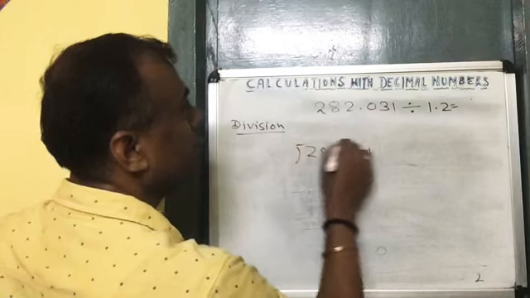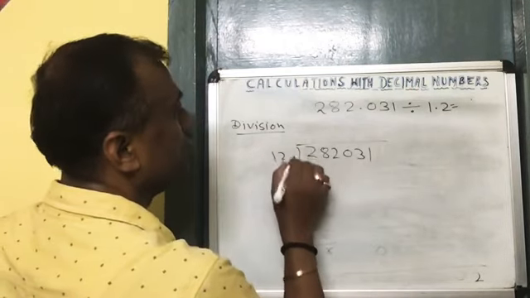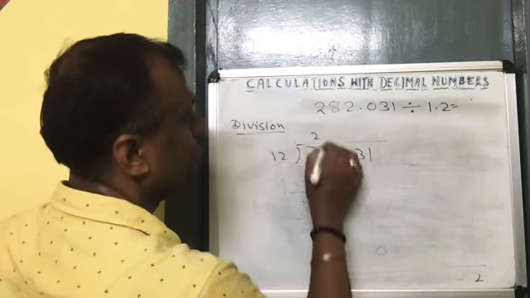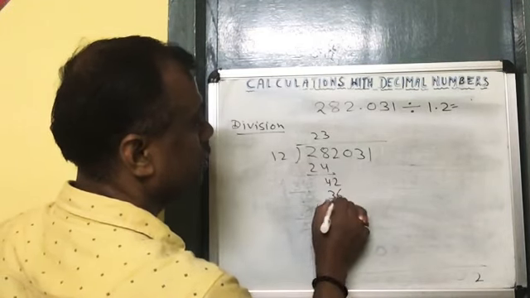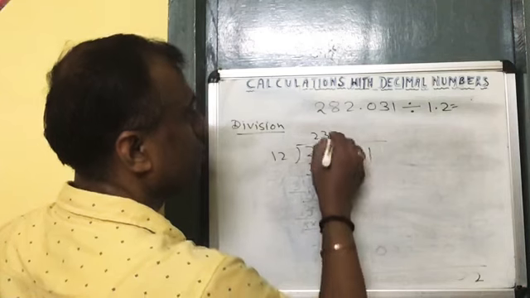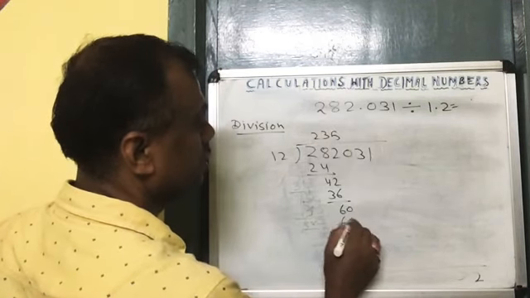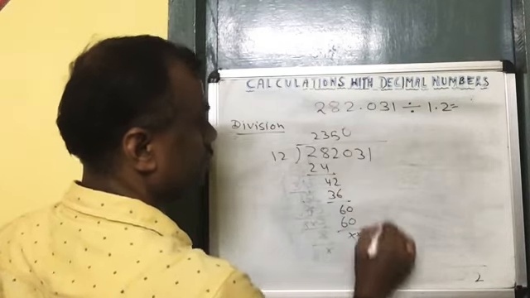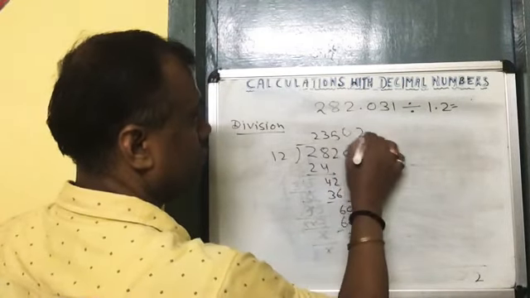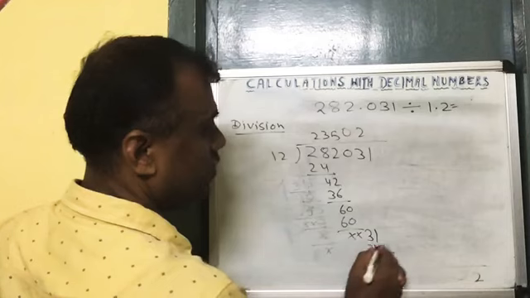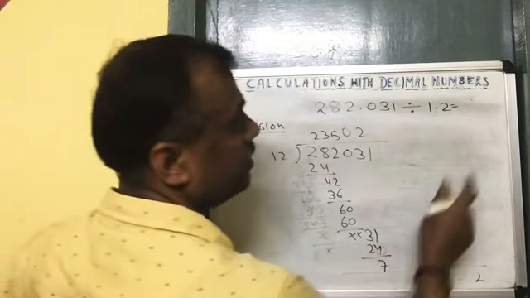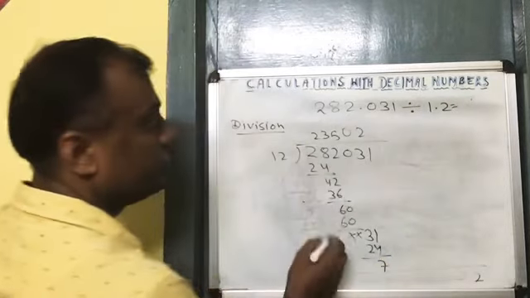We have to divide 282,031 by 12. 12 2s are 24, 12 3s are 36, 12 5s are 60, 3, 0, 1, 24. Here we will get 7. So here we will get a remainder of 7. But what will be the answer?